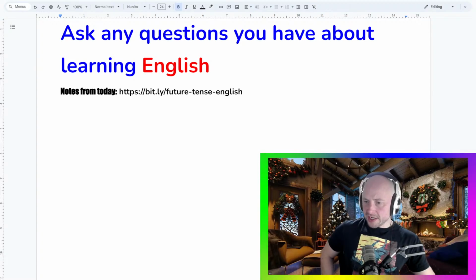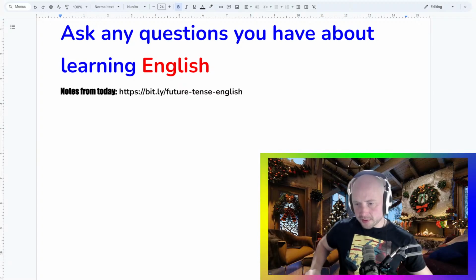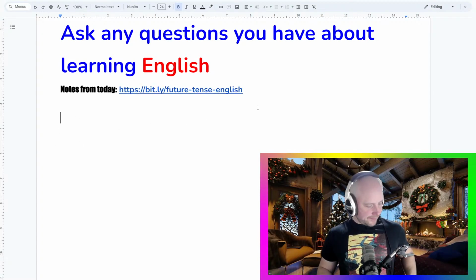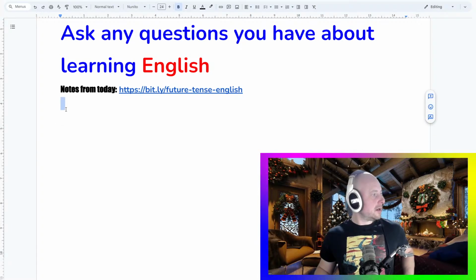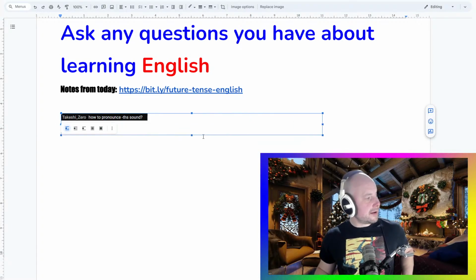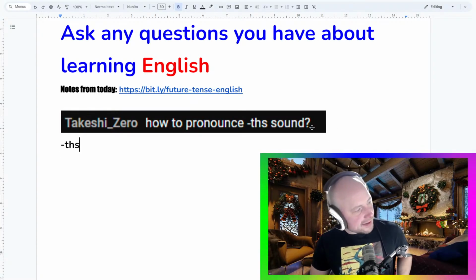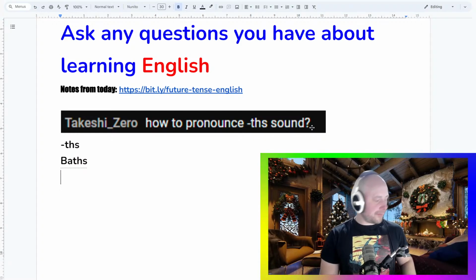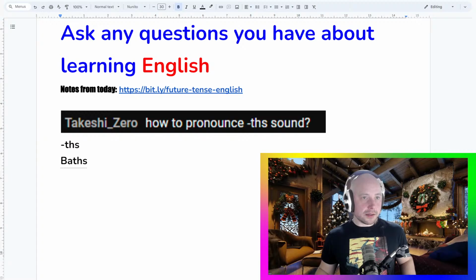What's that, Takeshi? How to pronounce that sound? Just to clarify, Takeshi. Let's just grab that. Do you mean the suffix THS? Do you mean that as a suffix, like, for example, in that and other words like that?